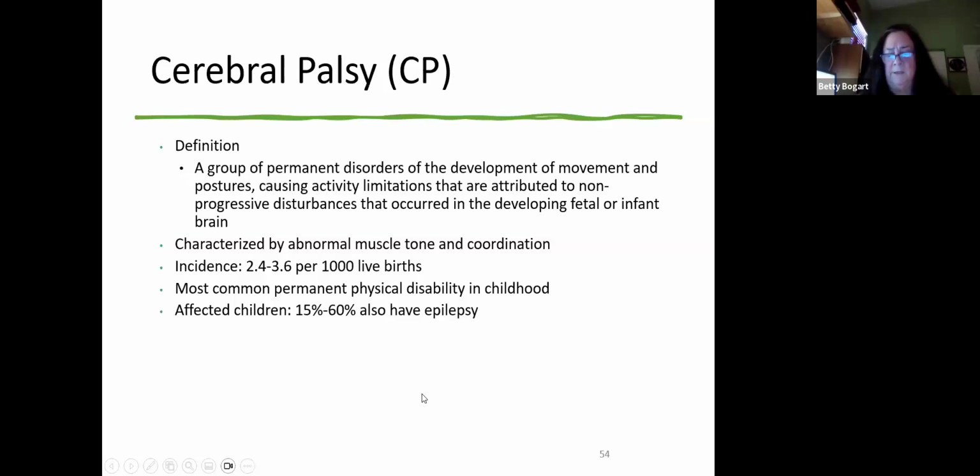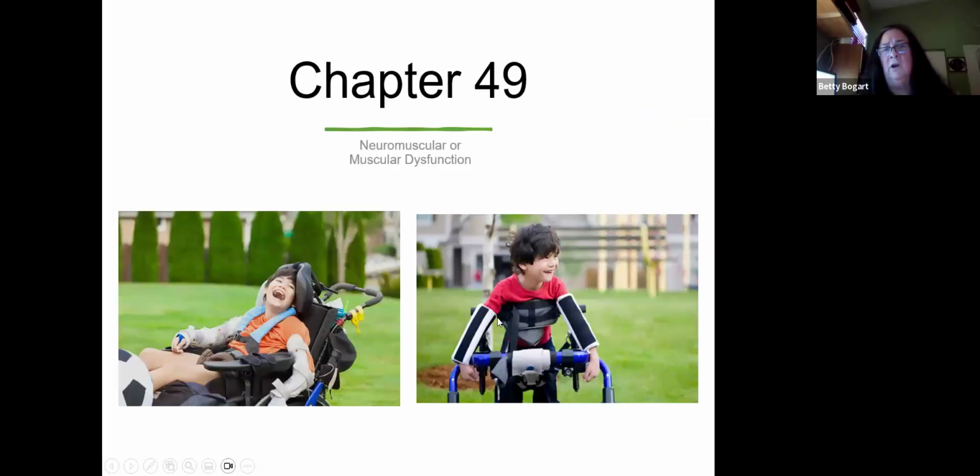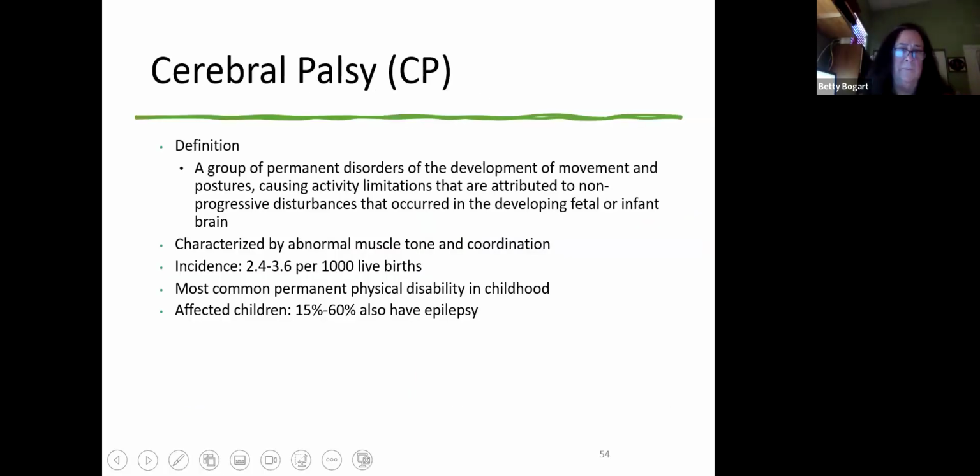So, neuromuscular. When you think of neuromuscular, you think of something with the brain that makes the muscles not work the way that they should. One of the biggest things that we think about is cerebral palsy. Cerebral palsy is what we call a group of permanent disorders of the development of movement and posture.